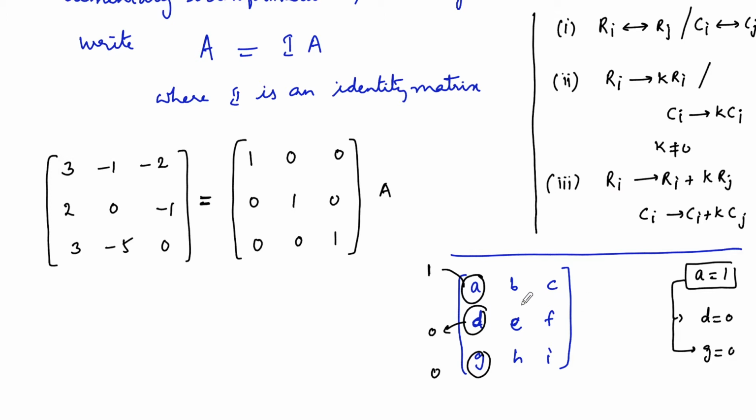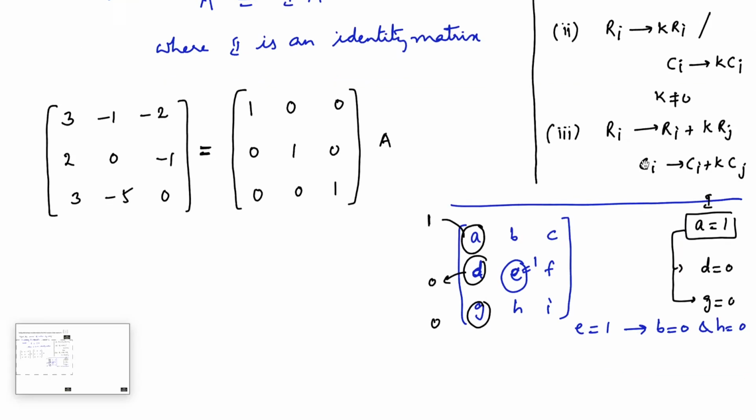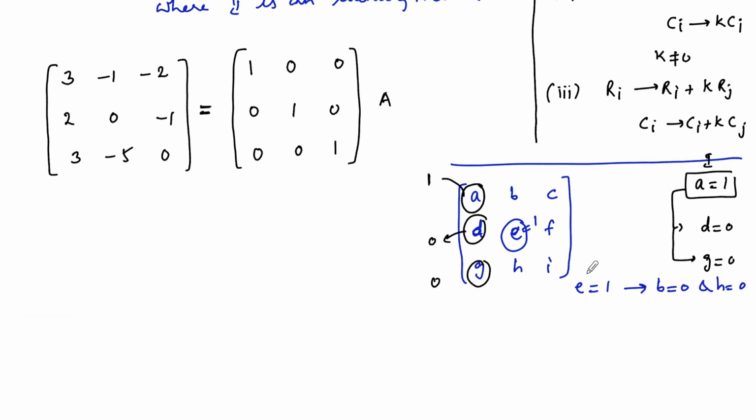And then second step: try to make e = 1 first, then by using e = 1, let us make b = 0 and h = 0 by using any of the row transformations. This is your step 2.